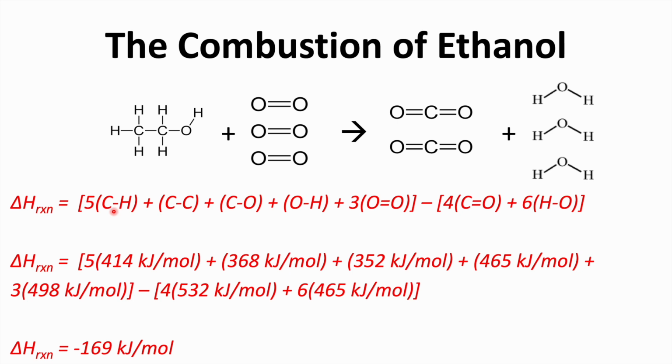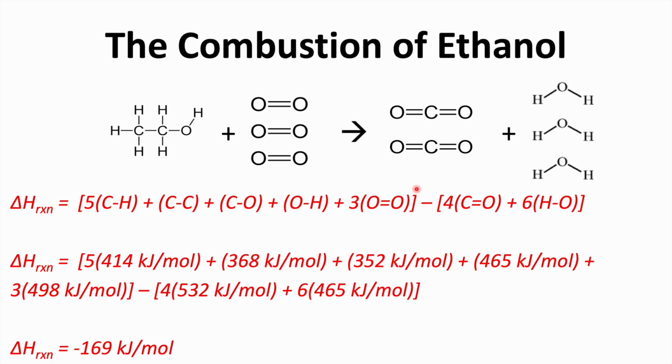So we're going to need 5 times the enthalpy of a carbon-hydrogen bond plus a carbon-carbon single bond, because there's 1 carbon-carbon single bond, plus a carbon-oxygen single bond, because we have 1 carbon-oxygen single bond, plus the enthalpy for oxygen-hydrogen single bond, because there's also 1 oxygen-hydrogen single bond, plus 3 times an oxygen-oxygen double bond, because we have 3 of those representing the 3 oxygen molecules involved in the reaction.